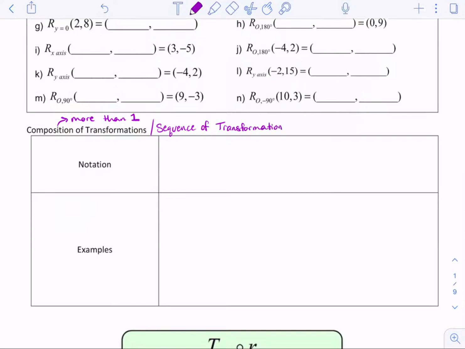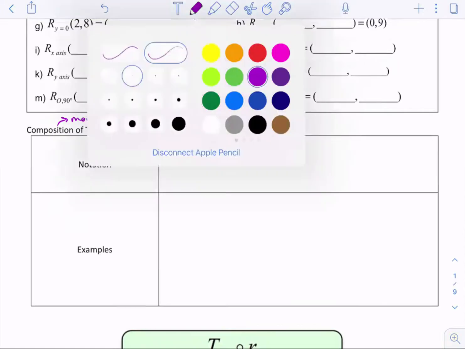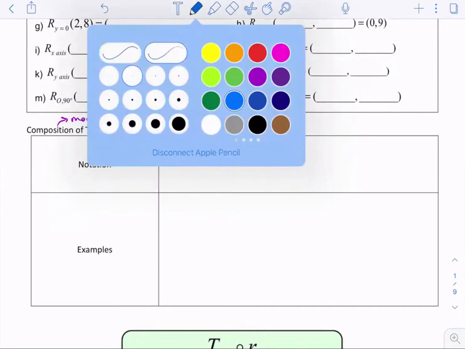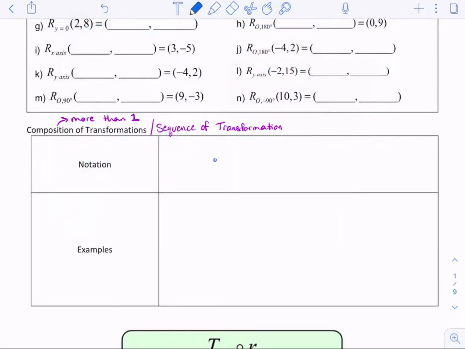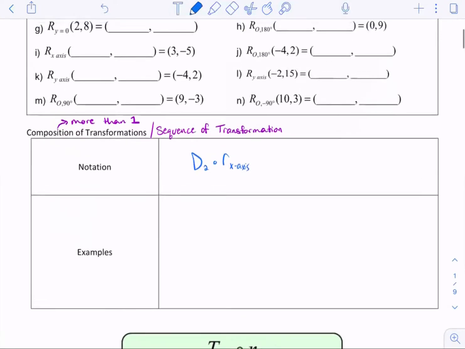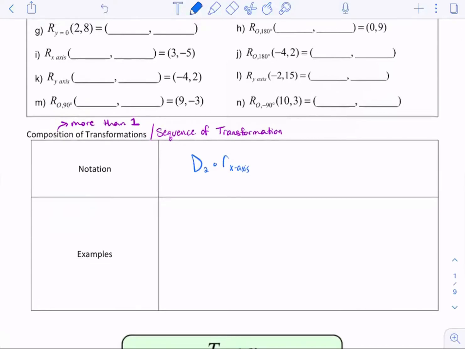All right, so the notation for a composition, there's specifically this circle that you'll see between something like, if I say a dilation of 2 and a reflection over the x-axis. So I think I have an example down there. Yes, I do. So this is the notation right here for a composition.